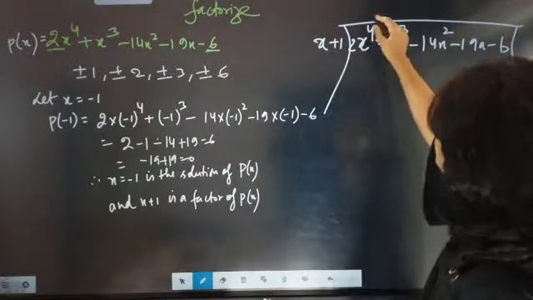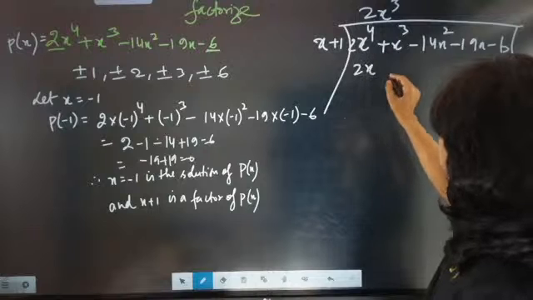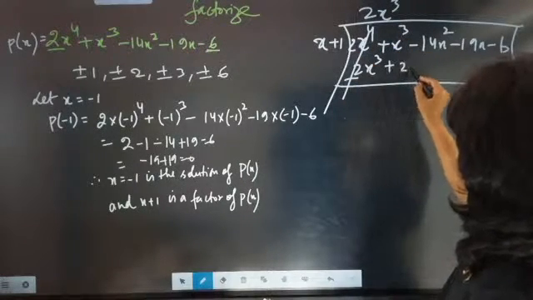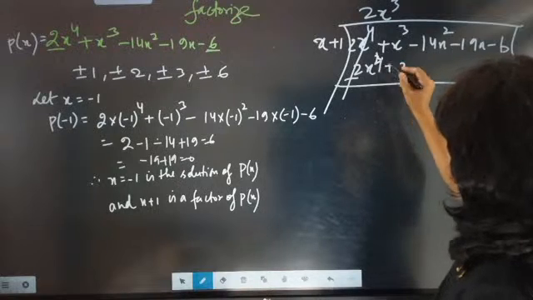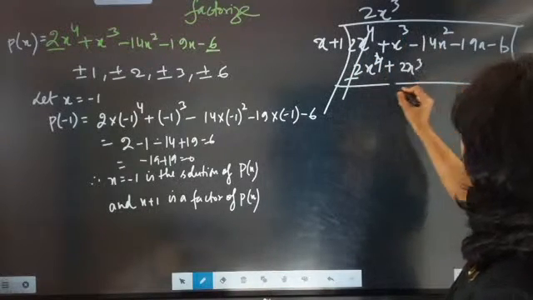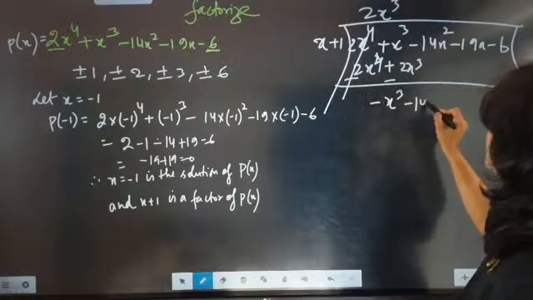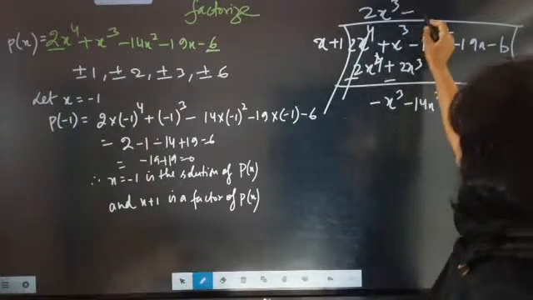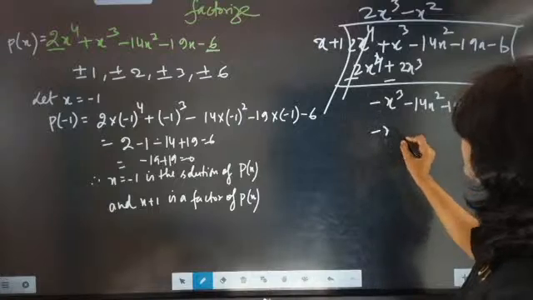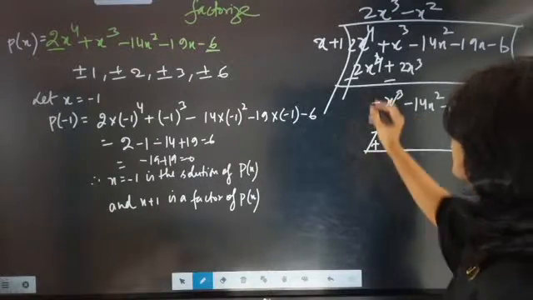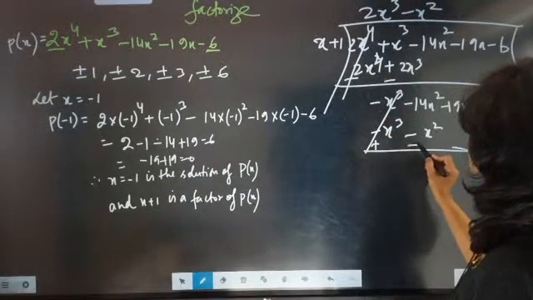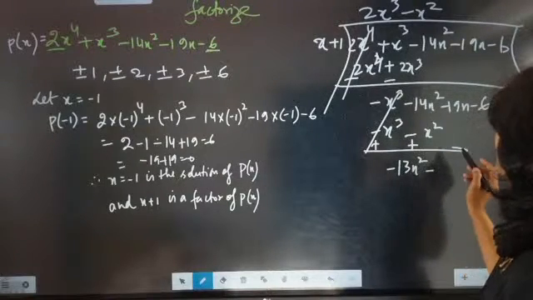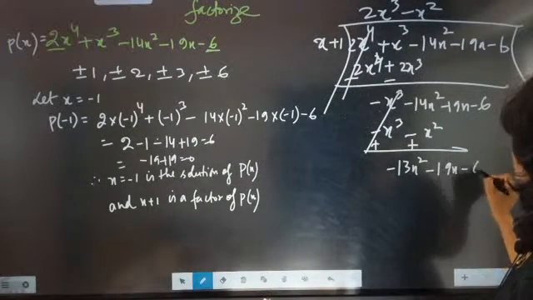So it is exactly going to be 2x cube. 2x^4 cancels, and then we get minus x cube minus 14x square minus 19x minus 6. Then minus x square gives minus x cube, cancelled, so minus 13x square minus 19x minus 6.